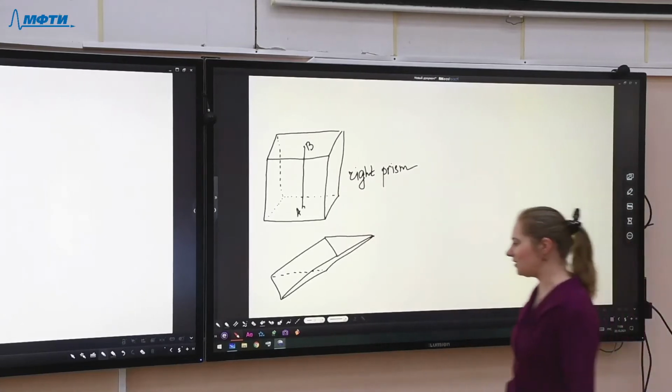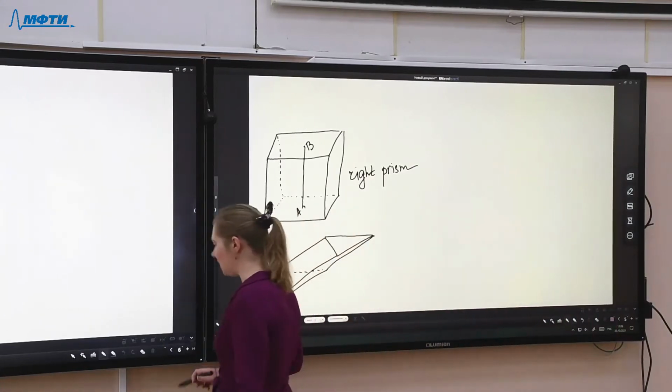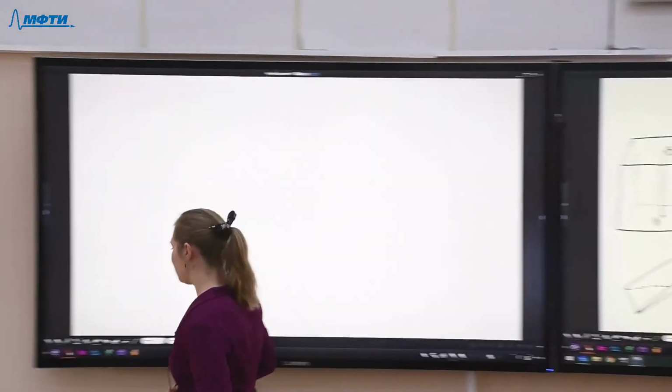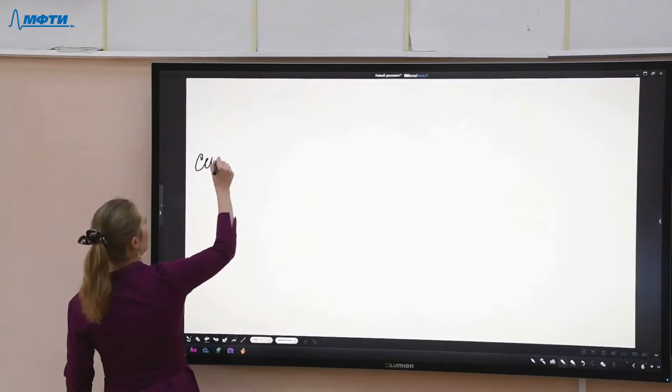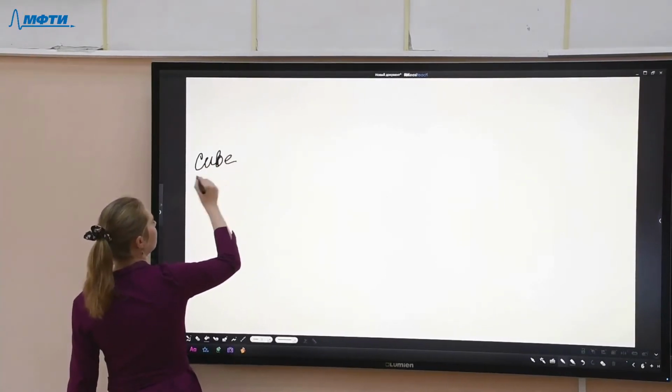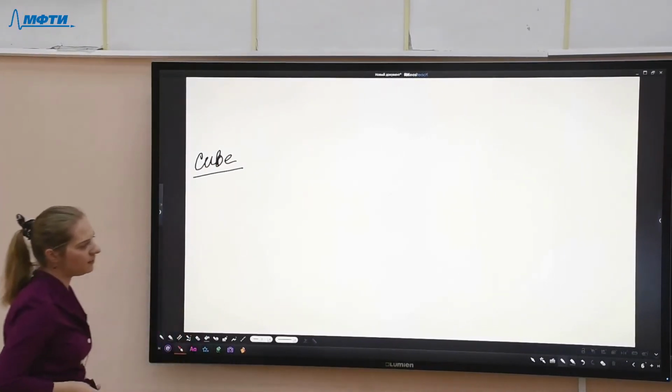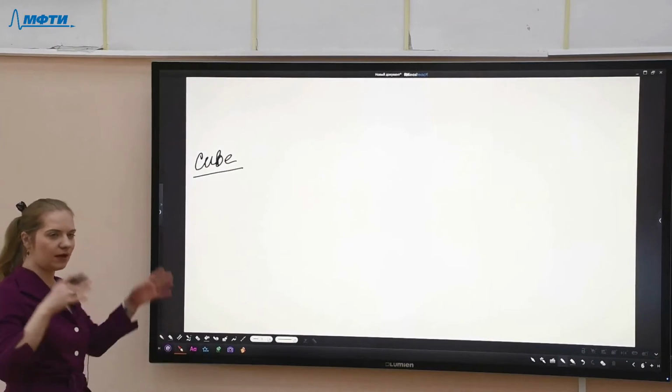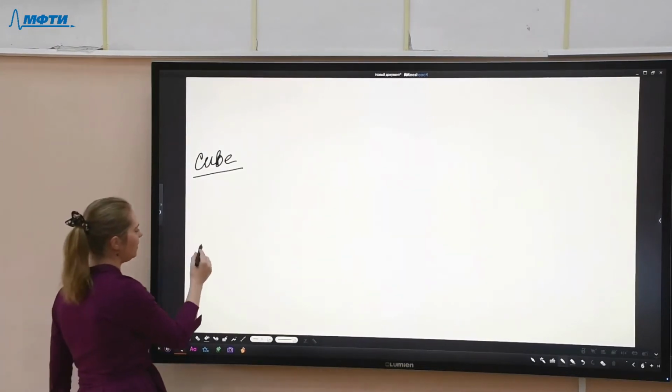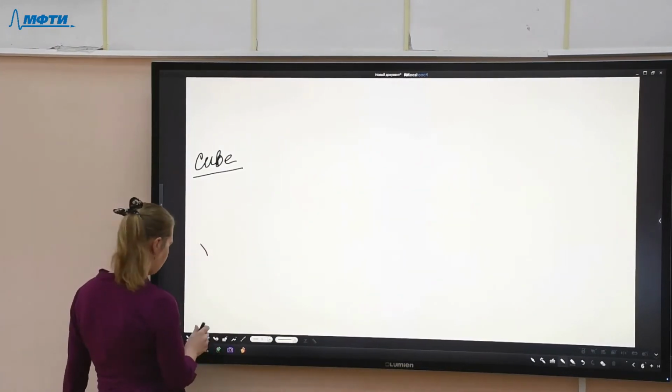A particular case of a prism is a cube. It is a right prism with a square in the base.